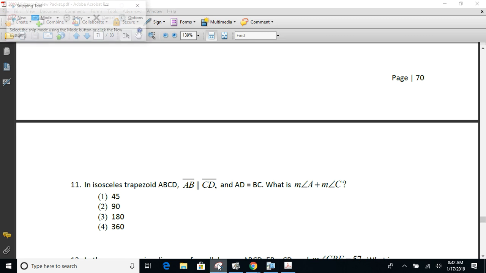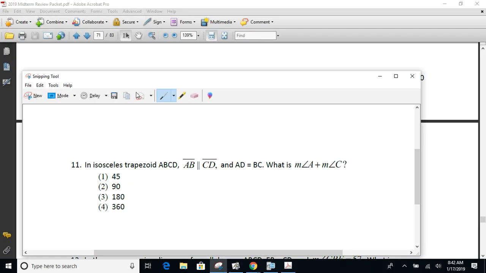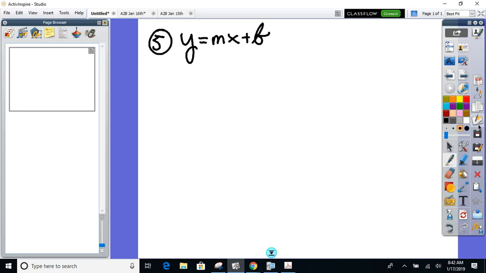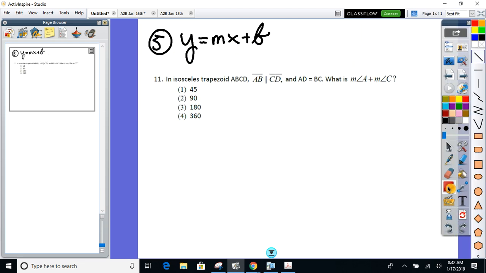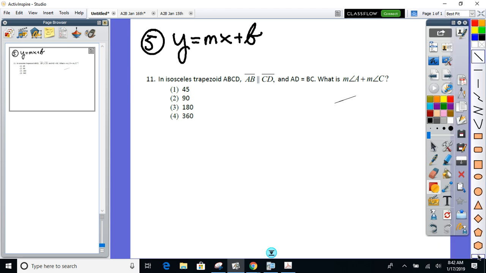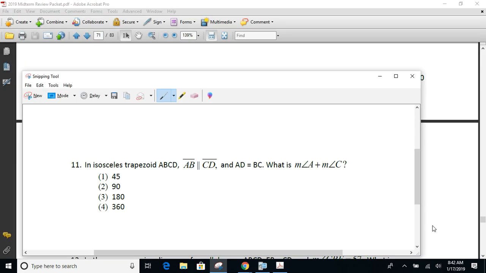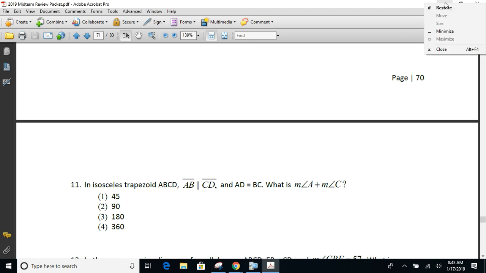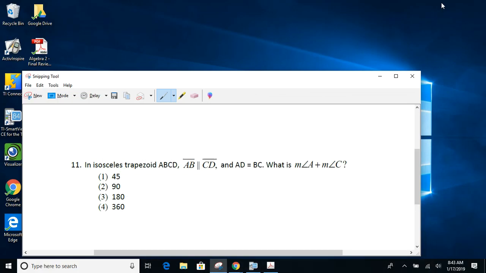Isosceles trapezoids. Okay, we're going to pull this up today. Give me a second.